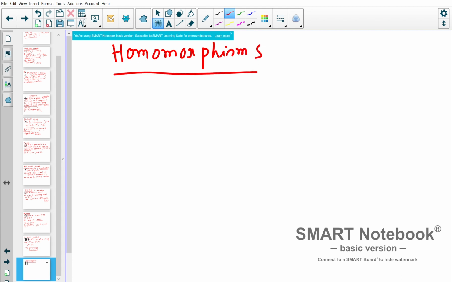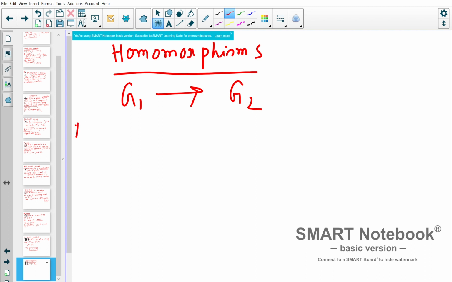So what does that mean? Suppose you have two groups, G1 and G2, and you want to find some nice operation or map from G1 to G2 that preserves the structures of G1 and G2. So how do you find this kind of map?